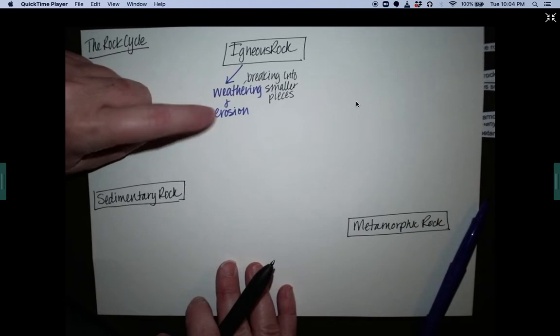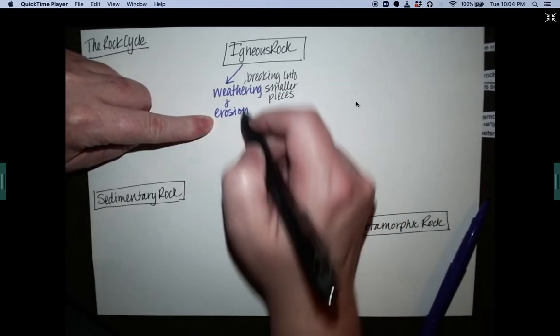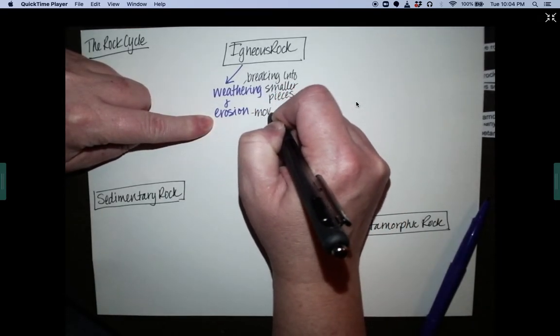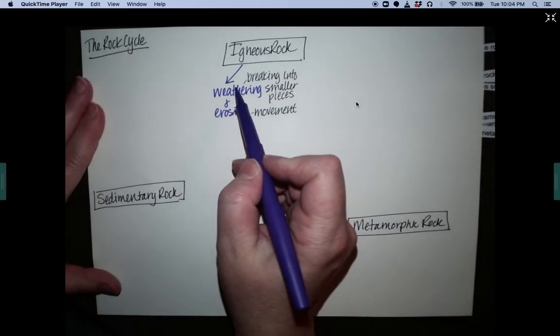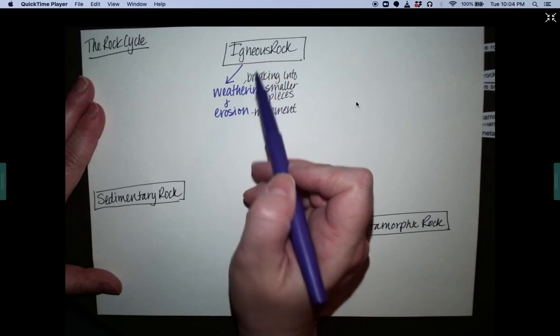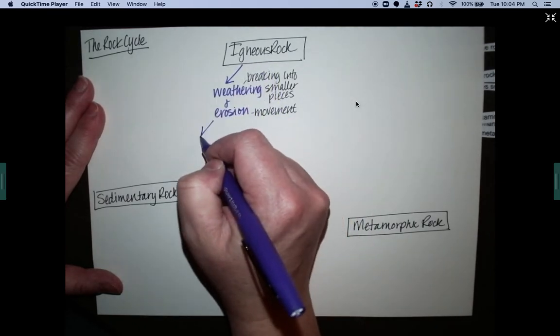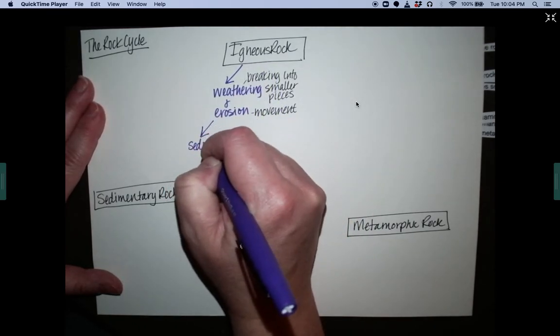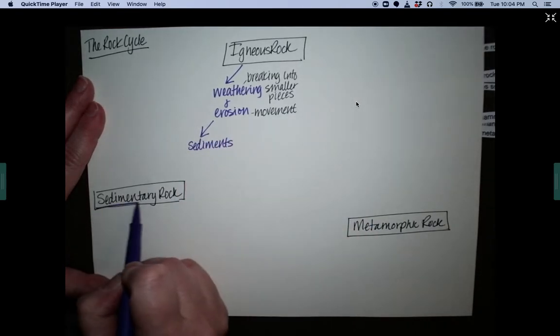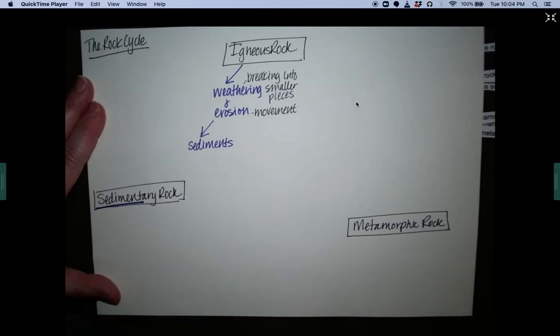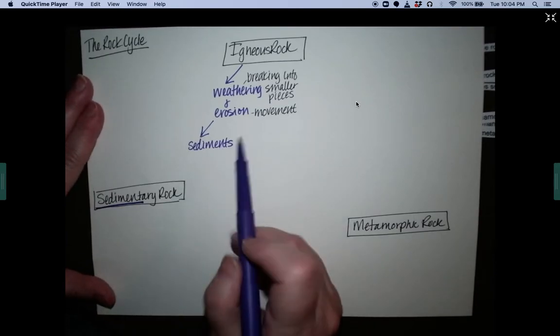The movement of those small pieces is erosion. Okay, so weathering and erosion breaks down larger rocks into smaller things called sediments. Notice a similarity here. Sediments are those smaller pieces.